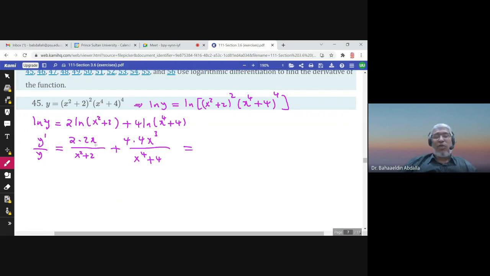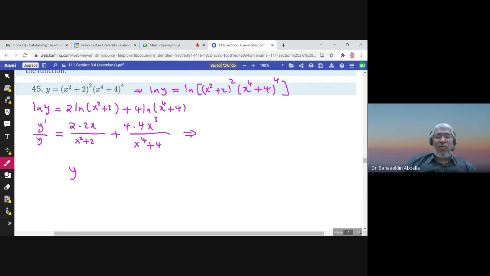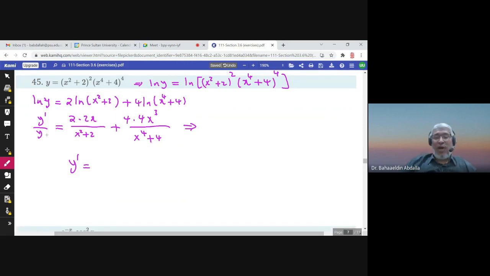So 2 times 2, or let me immediately now write the final answer, which is y prime equals, I multiply both sides by y. So y prime would be equal to 2 times 2 is 4x over x squared plus 2, plus 4 times 4 is 16x cubed over x to the power 4 plus 4, times y.